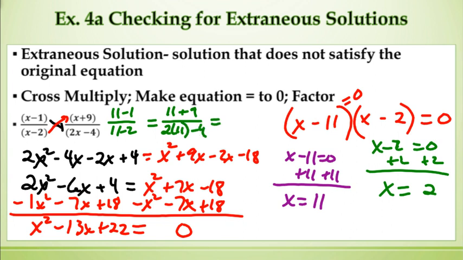Both of these would equal, so this is 10 over 9. And this side, I end up with 20 over 22 minus 4 is 18. If I divide these by 2, that gives me 10/9. So I know x can equal 11.